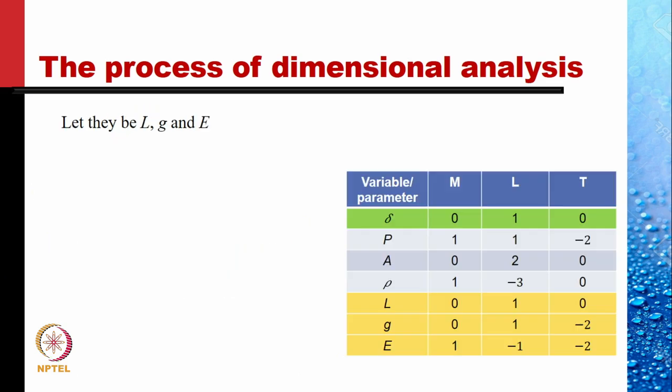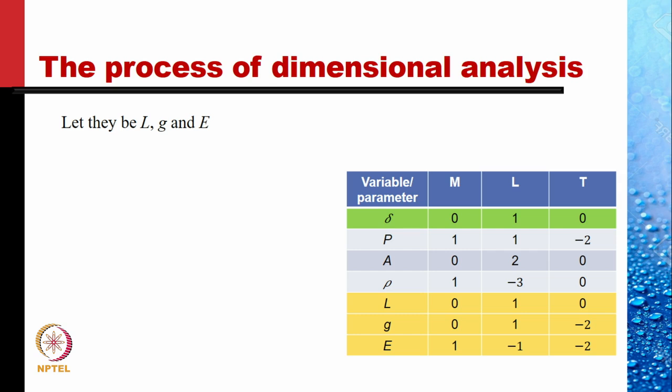Let them be L, G, and E, denoted in yellow tint. In this table, notice that these 3 quantities form a complete subset in the sense that we can express the dimension m from these 3.